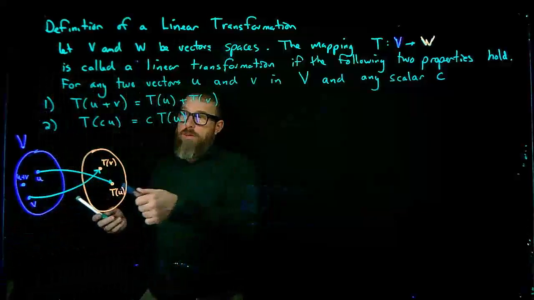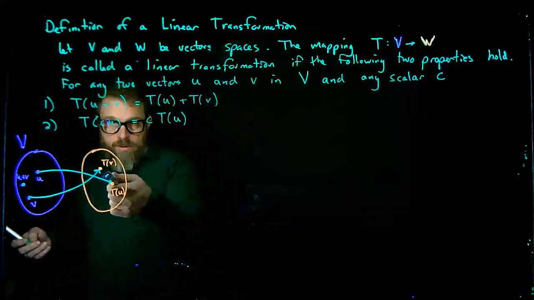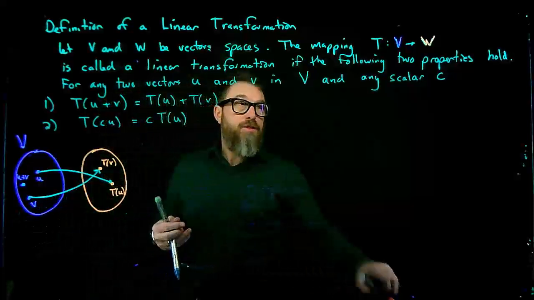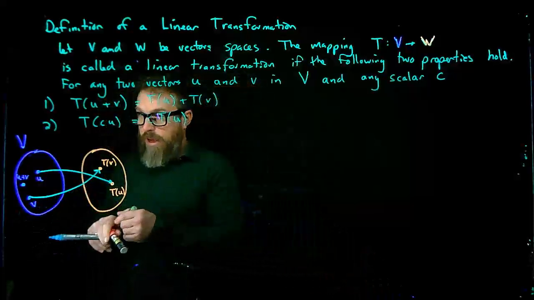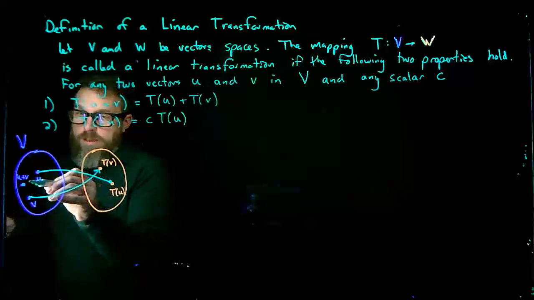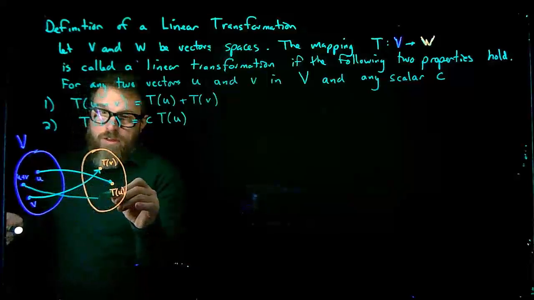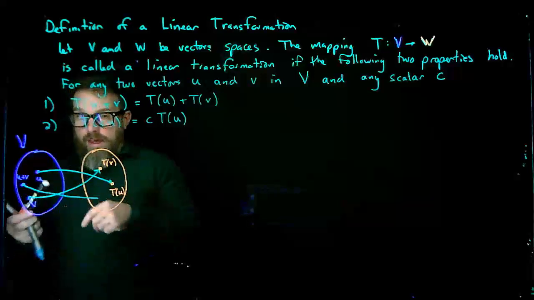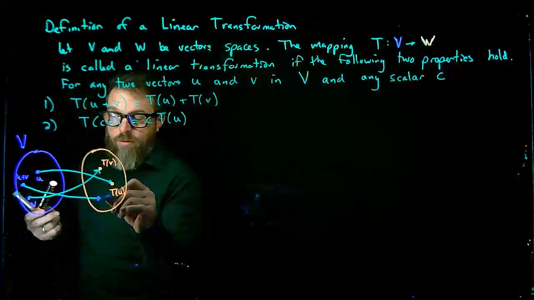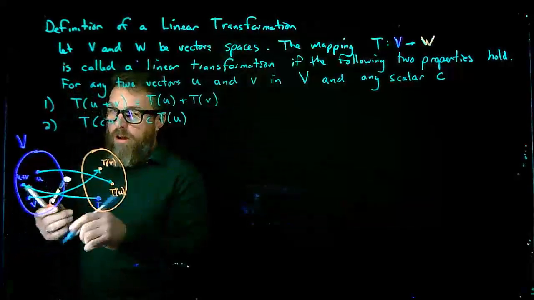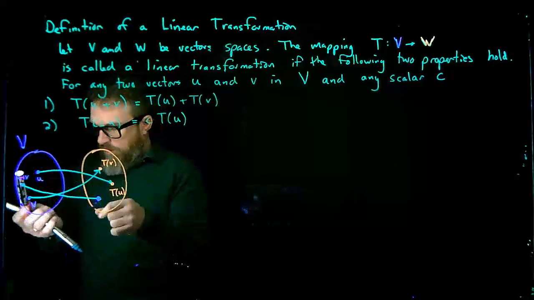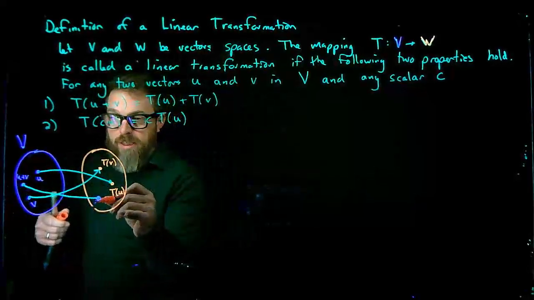Now I should be able to map every vector in the blue into this vector space w, and I sure can. So over here is going to be the mapping, t of that mapping.